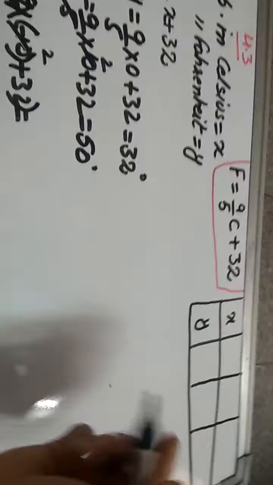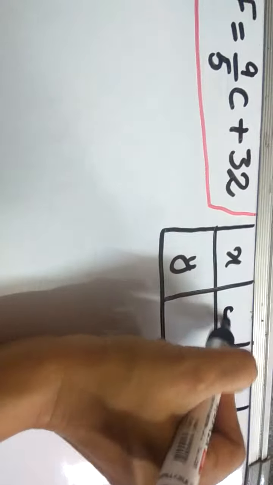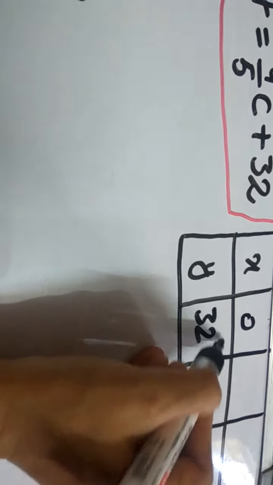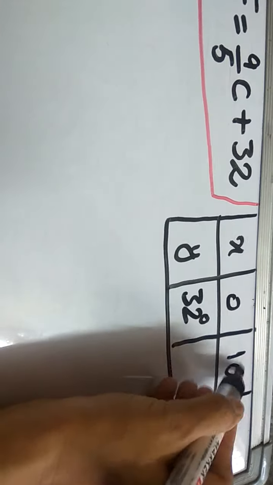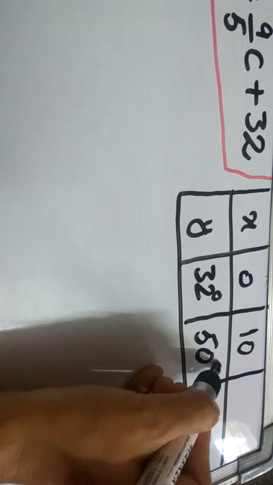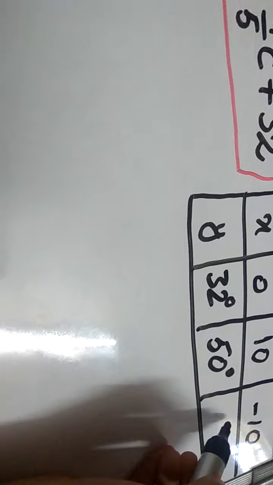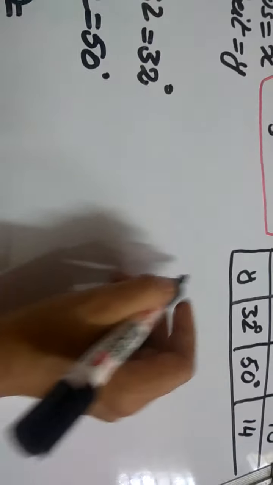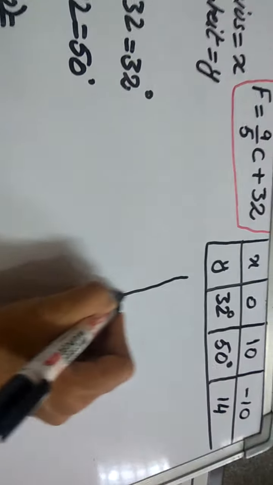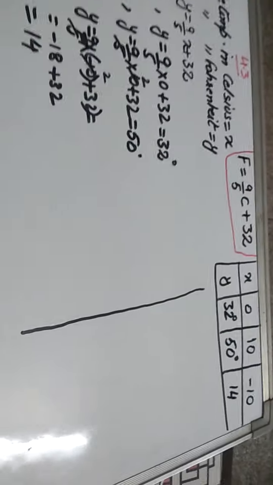Let us note these values in the table. When x is 0, y is 32 degrees. When x is 10, y is 50 degrees. When x is minus 10, y is 14. So you can go with 4 values also. So let us make a graph also.